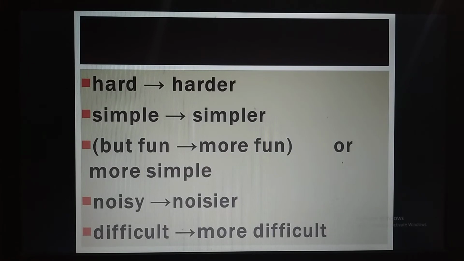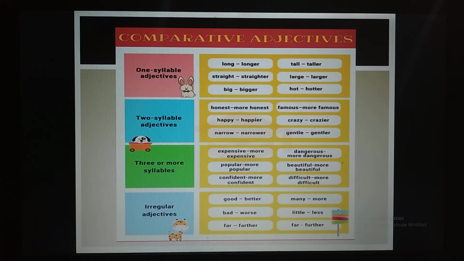Okay, so for more information, we have here the comparative adjectives. If we have only one-syllable adjectives, we just add ER at the end of the word. For example, long is longer, straight is straighter, big is bigger, tall is taller, large, larger, hot is hotter.